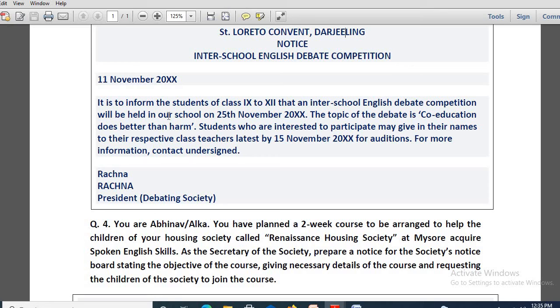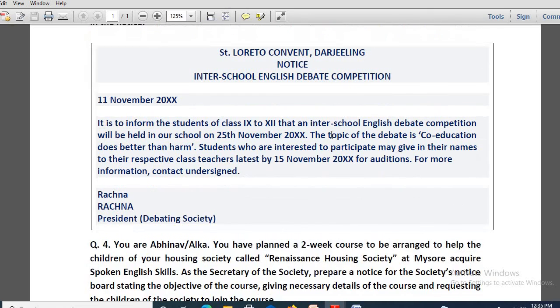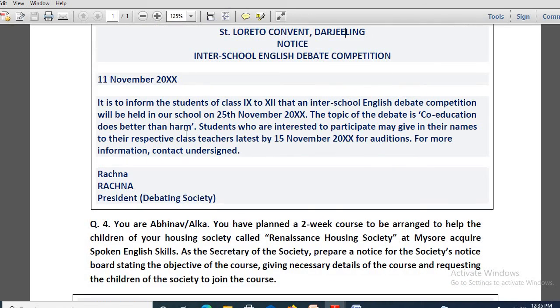Obviously there will be an inter-school English debate competition to be held in our school on 25th November. Then the year can be specified in this way. The topic for the debate is, what is the topic? Co-education does better than harm. Obviously from the question only you can easily jot it down. Co-education does better than harm, that you will be writing.